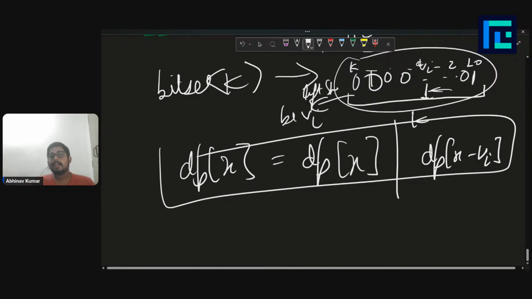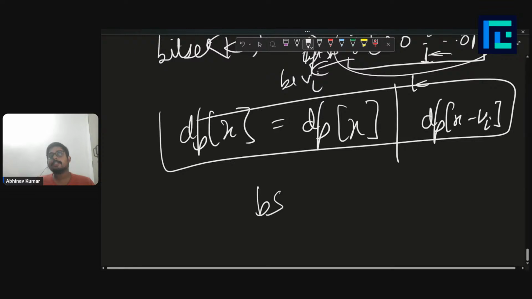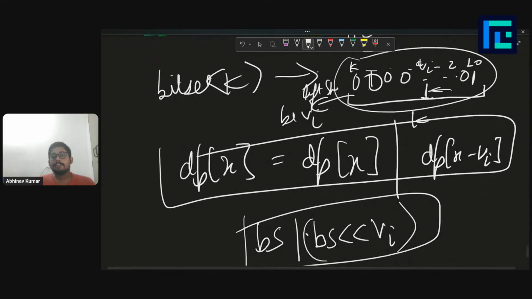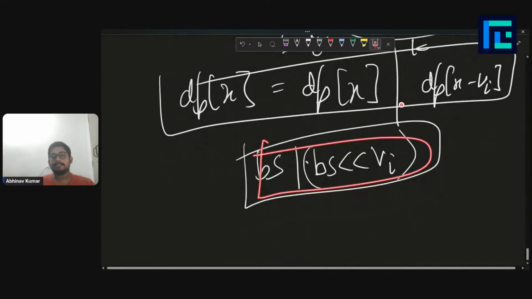And you take OR with the left shift. So you take the previous bitset and OR it with this bitset left shifted by vi. If you take the OR, whatever bits were set initially remain set, but by shifting it left, whatever extra bits got set also become set.